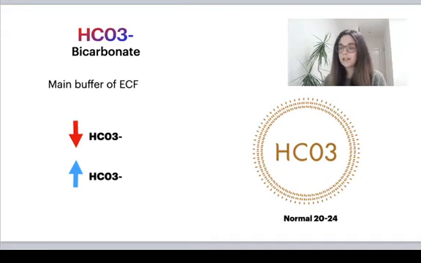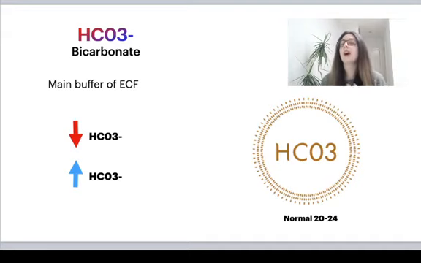The next big player that we need to look at is bicarbonate. Bicarbonate is the main buffer of extracellular fluid, and it's really important. Its job is to pretty much mop up hydrogen ions and mop up acids. Generally speaking, when we have acidic blood, we have low amounts of bicarb.